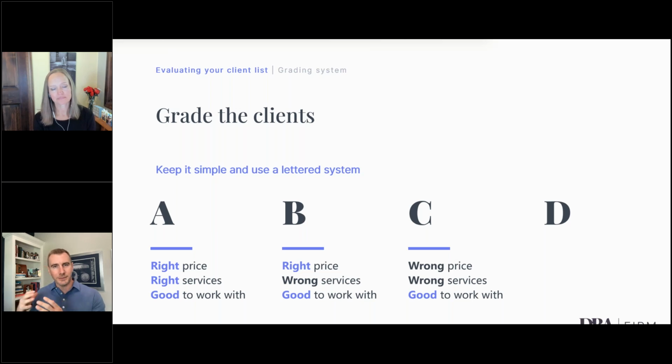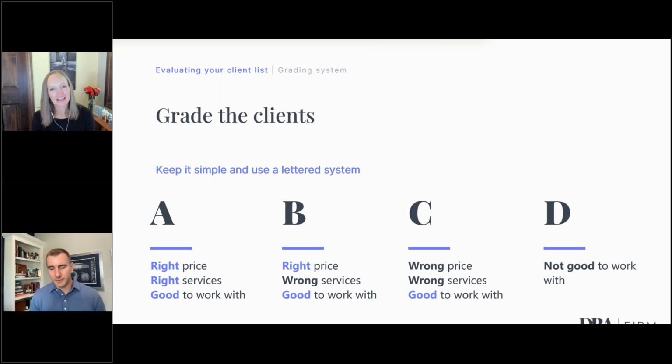So we like to boil it down to black and white. If they're not priced right, or if it's not a service that you're able to scale or grow with a team, then they would fall into C. So I think that's the difference between B and C, is really looking at some of the black and white data. Yeah. And then we get to D, which is all around not good to work with.